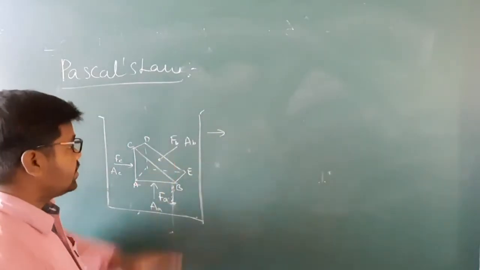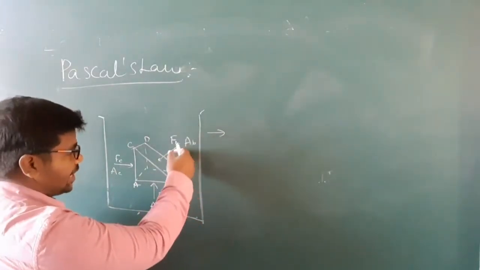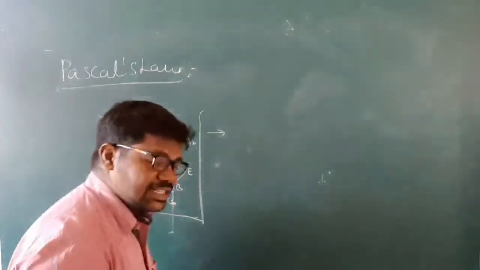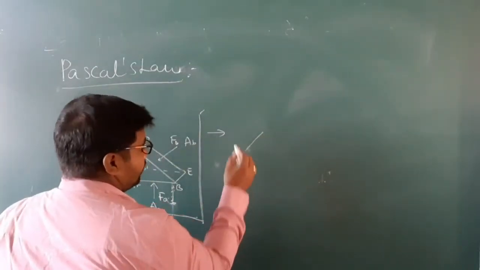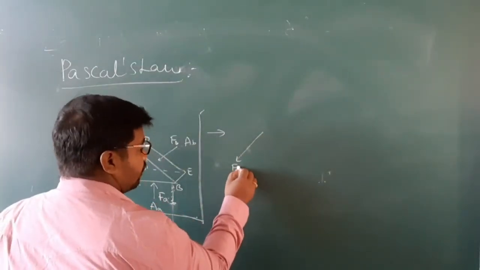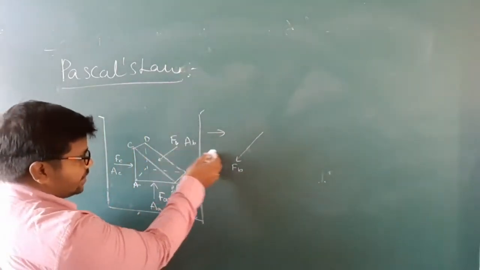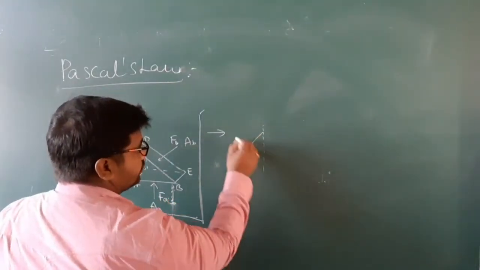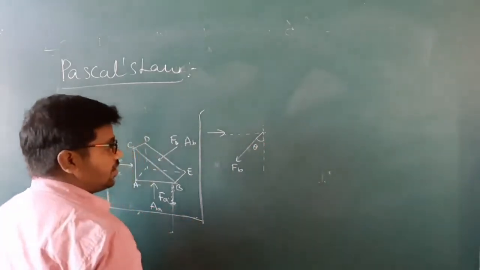At point B, the force acts normally, but it is not along the x-axis or the y-axis. So consider this force vector B, and we draw a perpendicular line, making angle theta.